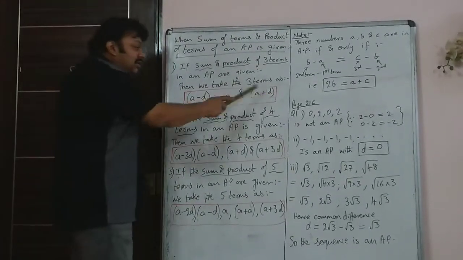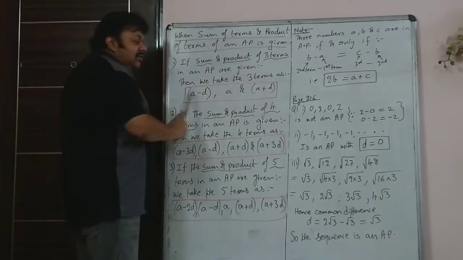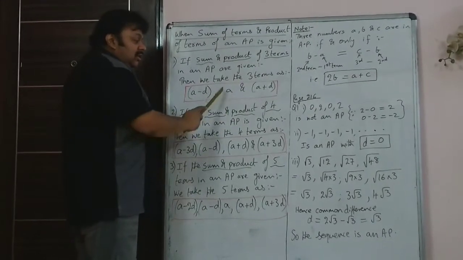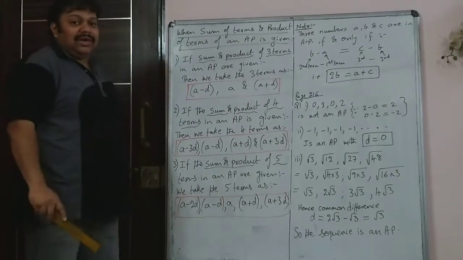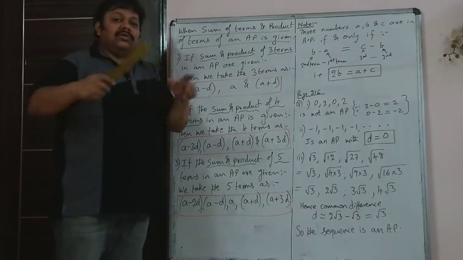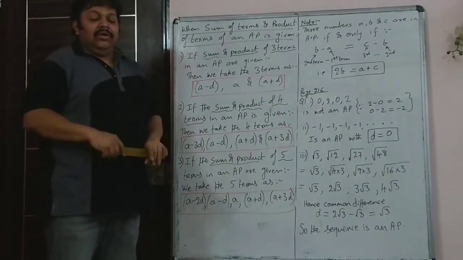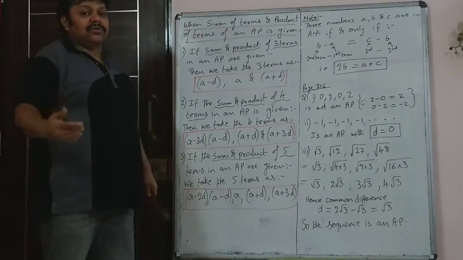Because when you add these, minus D and plus D will get cancelled, so you will get 3A. So let's say the sum of 3 terms of an AP is 9. Then 3A is equal to 9, so A is equal to 3.